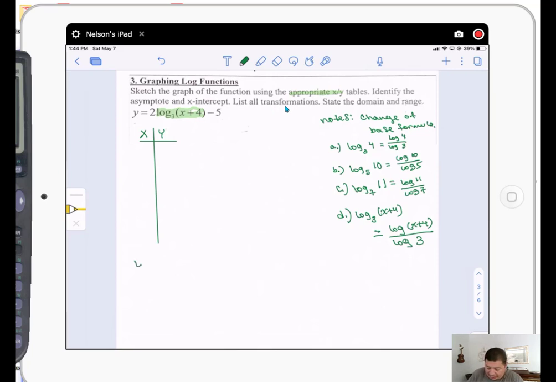And as a matter of fact, let's list all the transformations. And the transformations are as follows. Let's go ahead and start with the 2. The 2 stands for a vertical stretch.